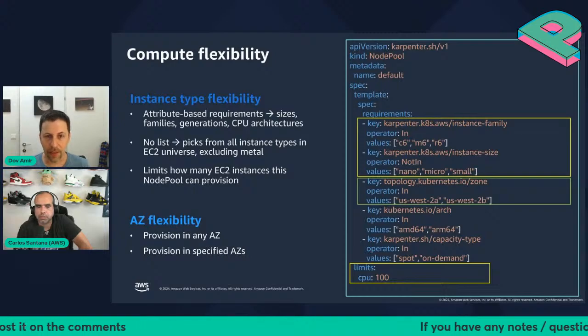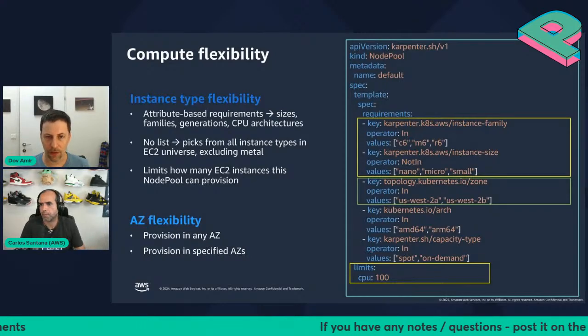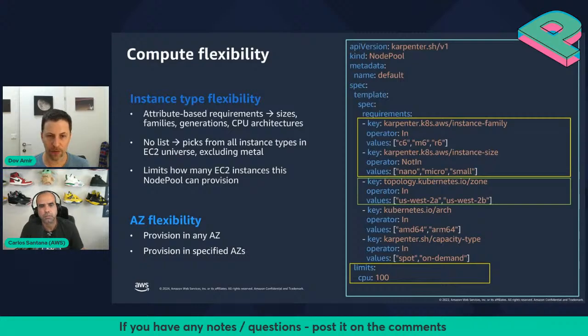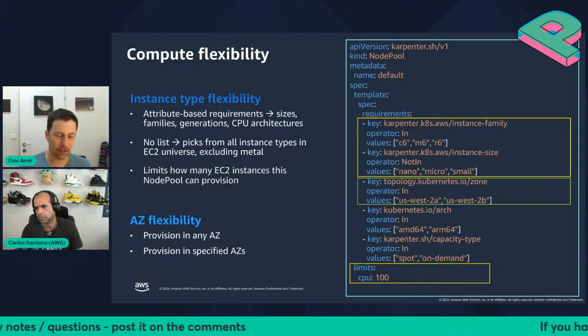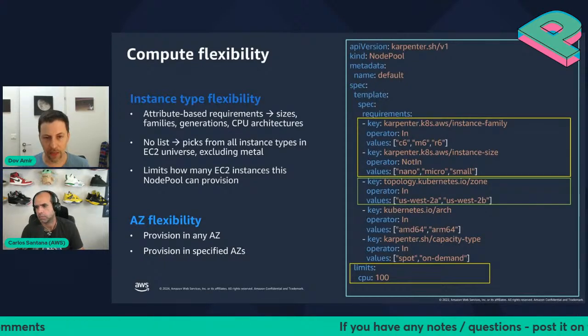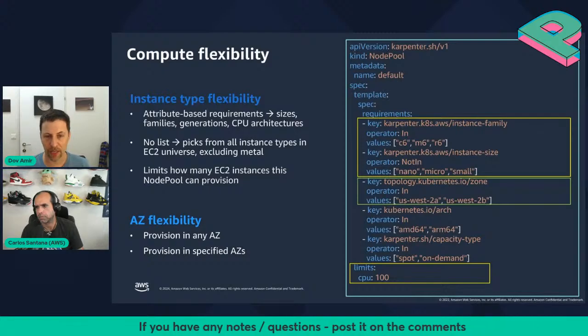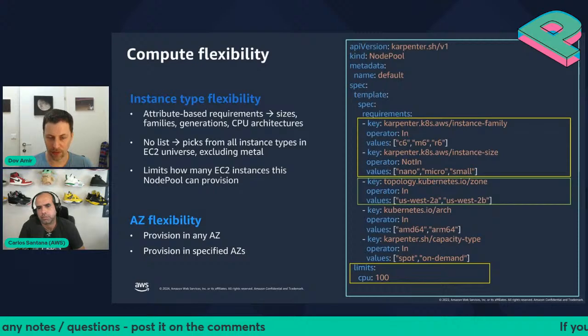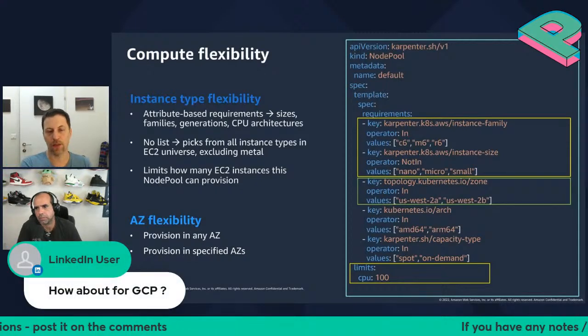And then I can exclude. I don't want instances that are nano, micro, or small. I work in these two availability zones. I allow AMD64, which are Intel and AMD instances, and ARM, which is Graviton instances, so it's a mixed workload. And the last configuration says that the capacity type can be spot or on-demand. What that means is Karpenter will prioritize spot because spot is cheaper.